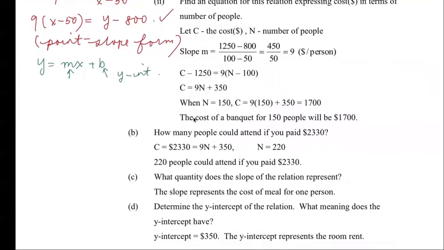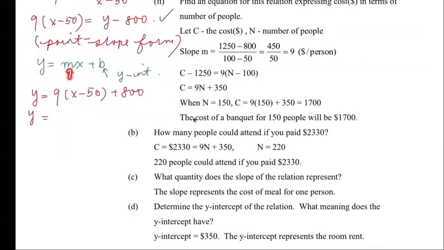So how do we change this to this? Easy. We isolate y. We put y on one side of the equation, then put everything else on the other side. So we have y is equal to, we move this to this side, right? 9(x minus 50) plus 800. Then we open the brackets, because we need to make sure that our answer is strictly of this form.